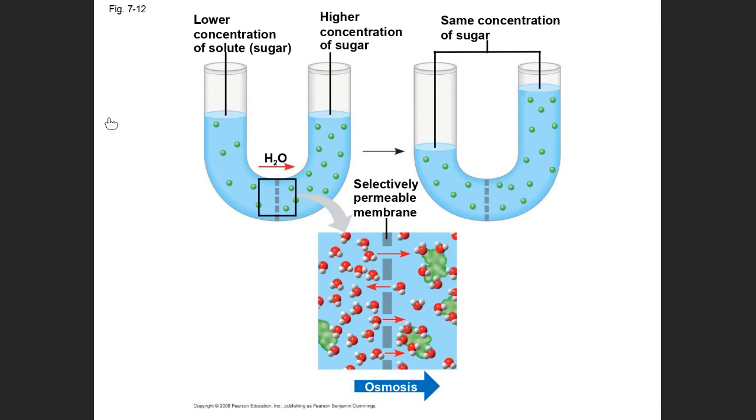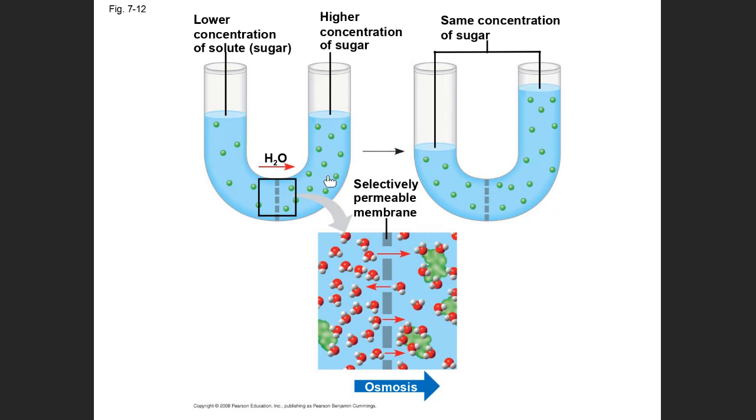So if you put one solution on one side that has a low concentration, let's say a 1% sugar solution, and on the other side you put a 10% sugar solution, so you've got a lot more sugar dissolved in the water. On the right side, it's a higher concentration of sugar.